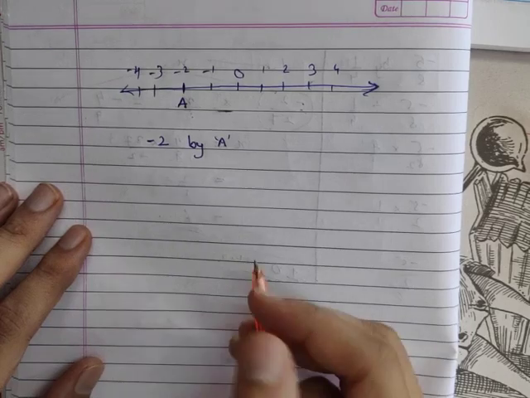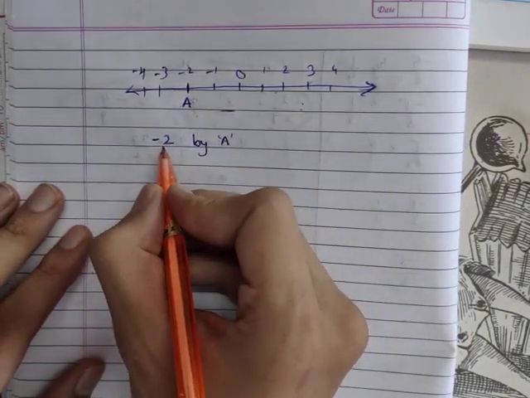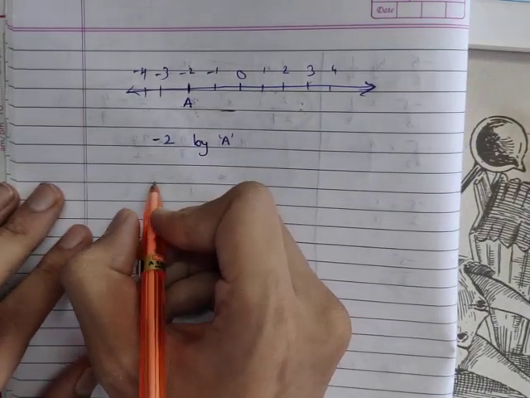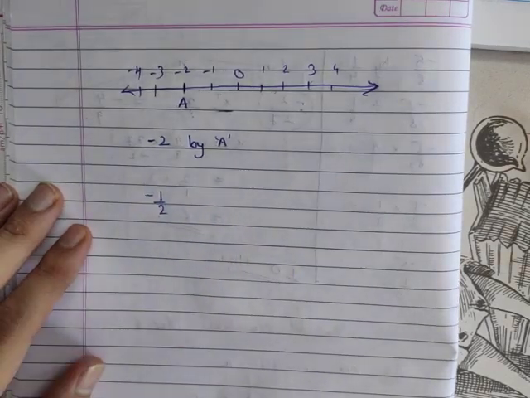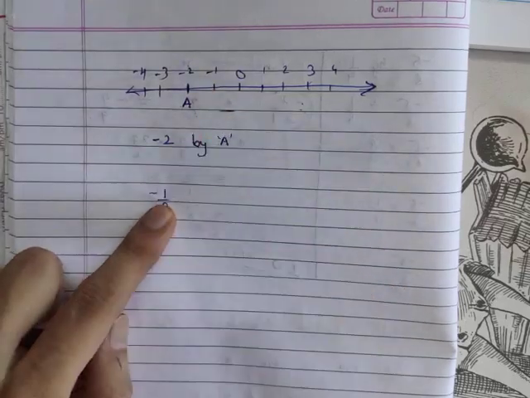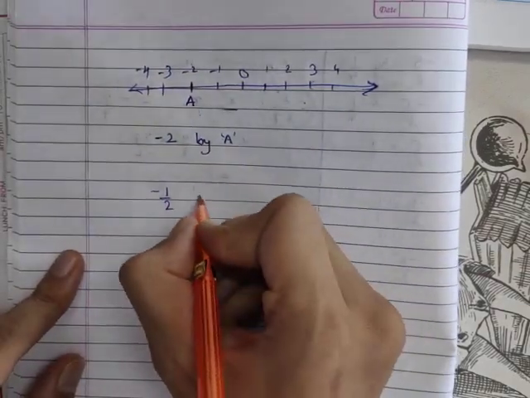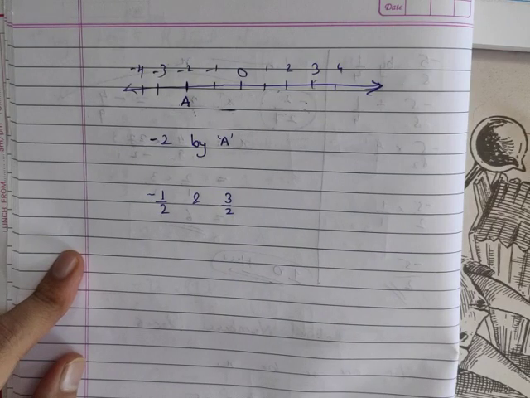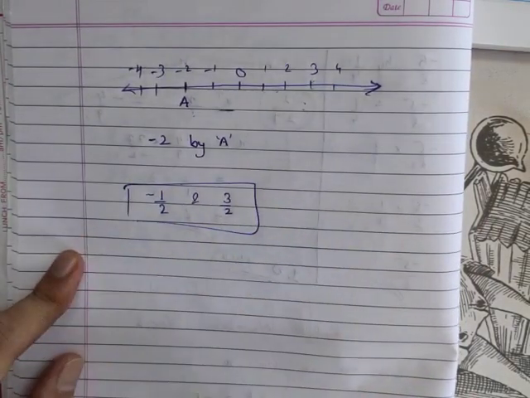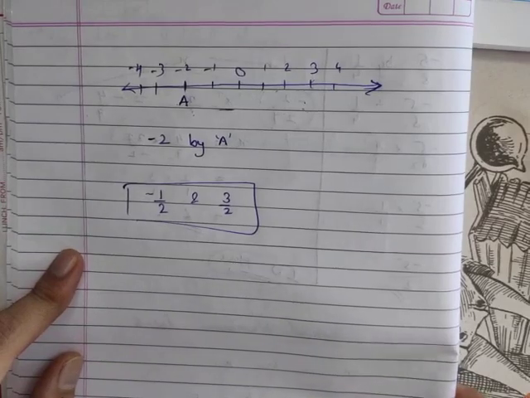But what if I tell you not to represent -2, but to represent -1 upon 2? If I say only -1, then it's easy. But I'm saying -1 upon 2 and say for example 3 upon 2 on the same number line.